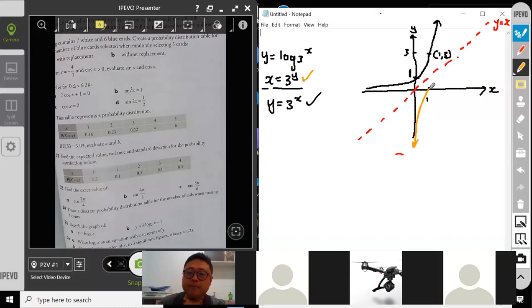This graph veers off into infinity for x, whereas this graph will veer off into infinity for y. That point there is the point (1, 3). What would this point be if it's a reflection of that point? (3, 1). Yes, (3, 1). Got it?